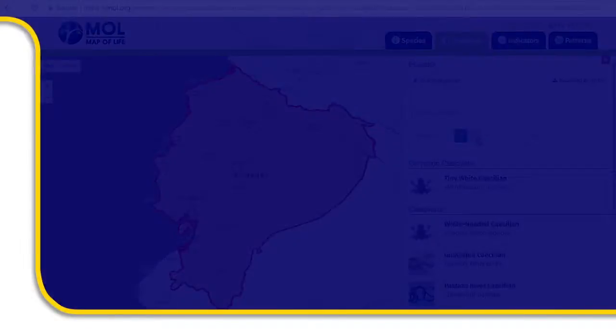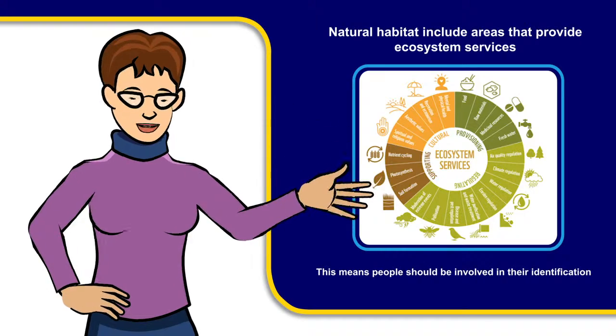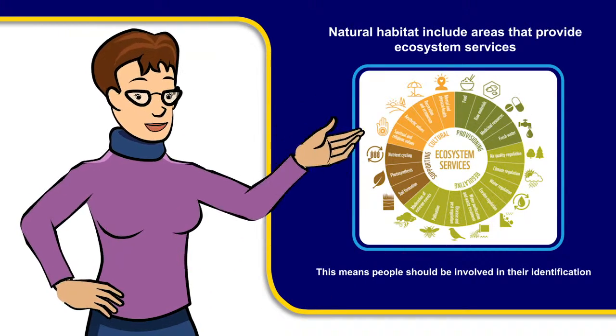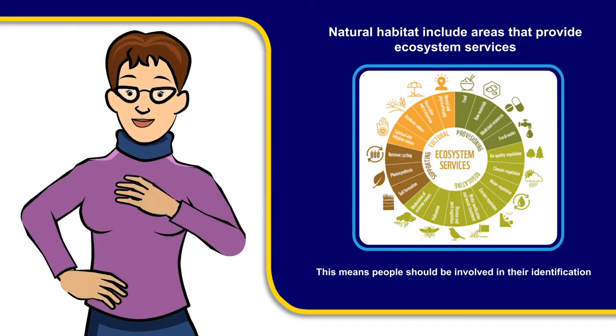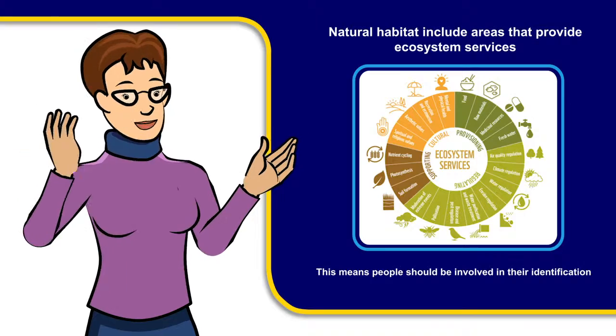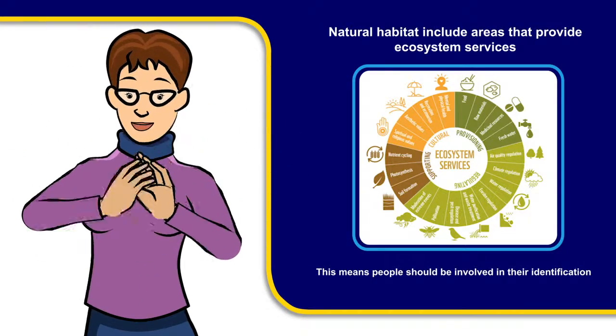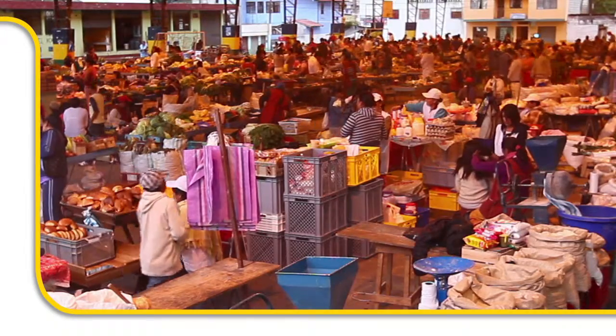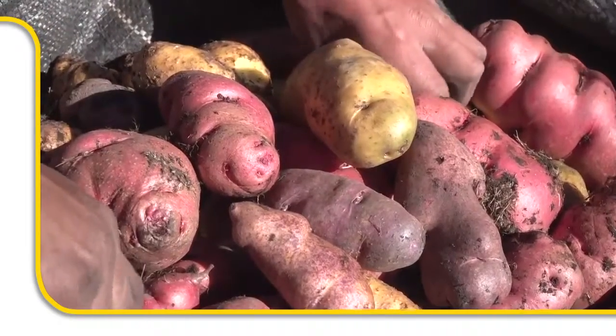When considering natural habitat, remember that this category includes sites that provide ecosystem services. These are services provided by nature that are useful for us by provisioning, supporting, and regulating systems, or that we value culturally and aesthetically. So we need to understand who is using the area, for what, and how.